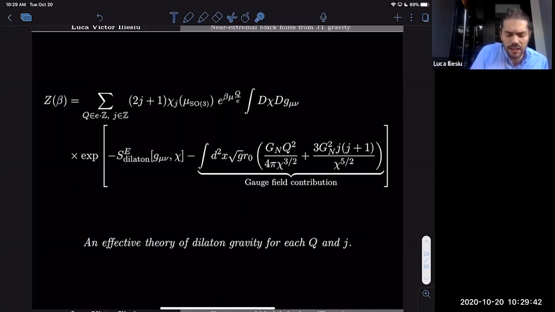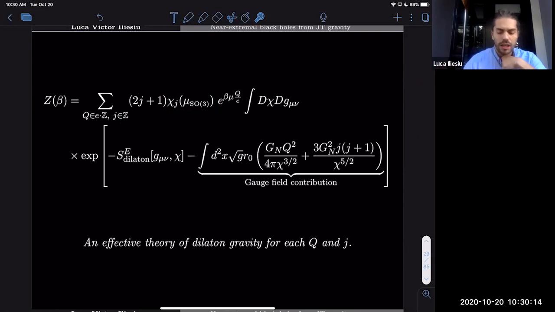This is just the dimension of the SU(2) representation, so it gives you the degeneracy of each state that has a certain spin. J here should be interpreted as the spin of the black hole. This is just the character of SU(2), and mu SO(3) is the chemical potential that we can impose at infinity for black holes that are rotating.